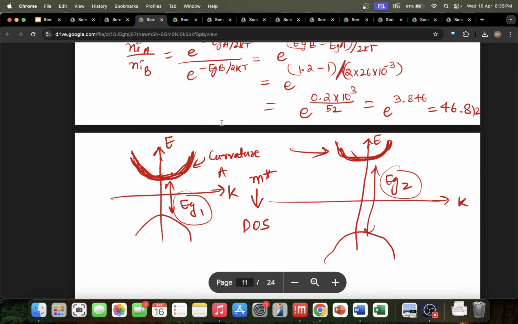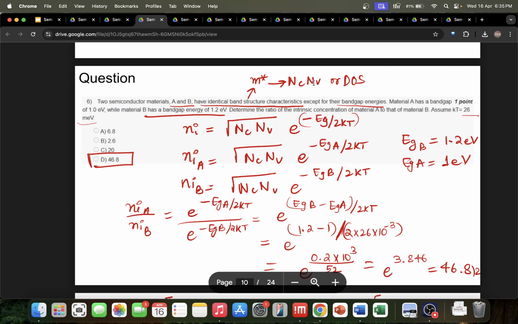Then we saw some more questions based on density of states and effective mass. Here we determined the ratio of carrier concentrations of two materials when we knew their band gaps, so we determined the relationship between band gap and intrinsic carrier concentration.